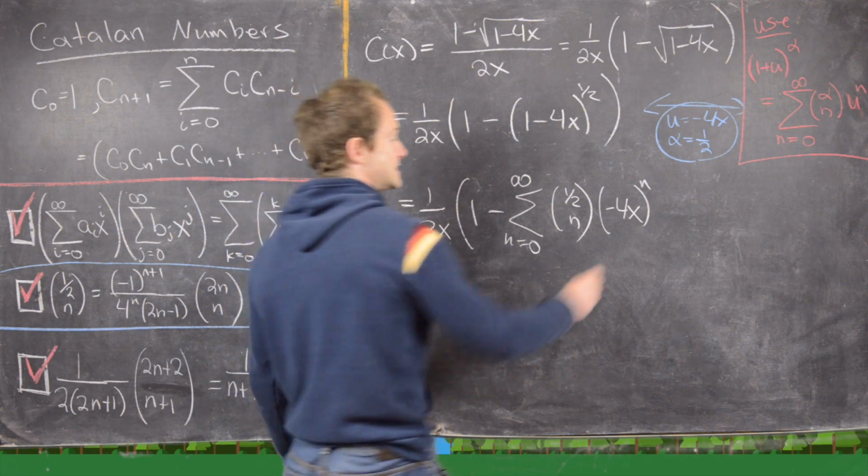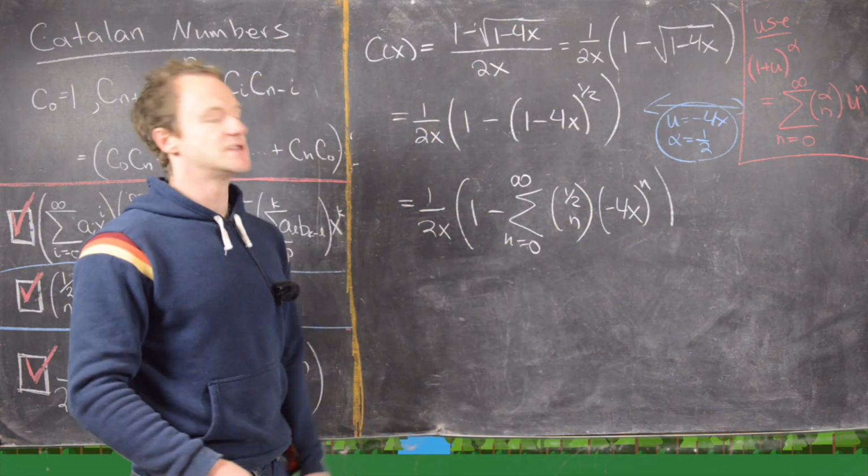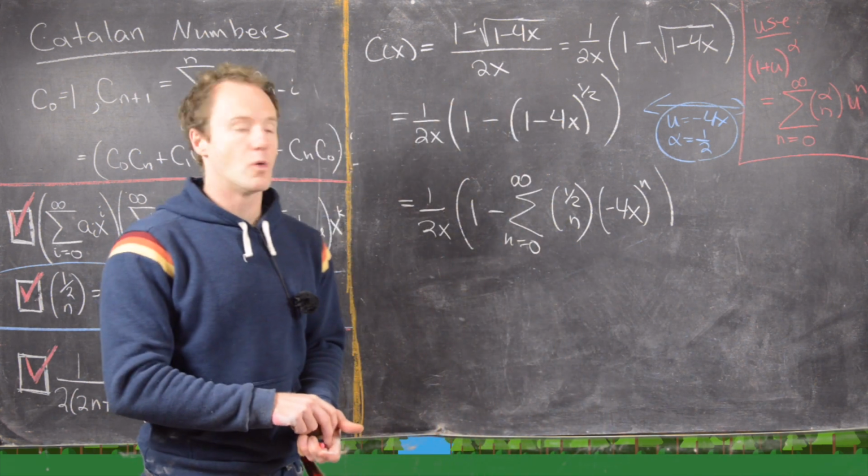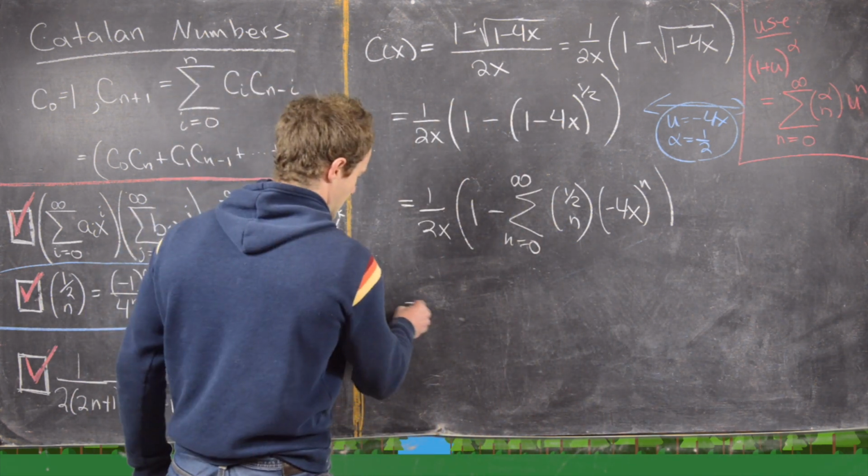So now I want to simplify this a bit. Okay, so now I'm going to use this thing that we proved earlier to rewrite our 1/2 choose n, and let's see what we get.